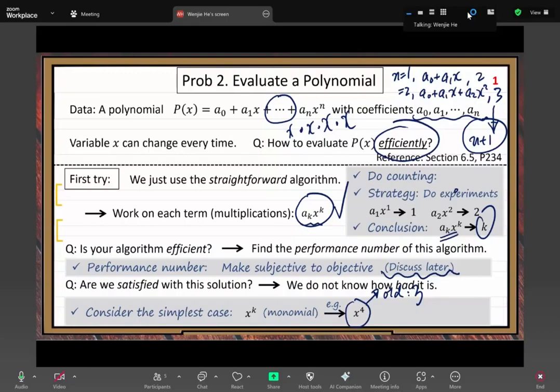But here, our leading coefficient is 1. Our a sub k is 1. You can save that multiplication. So using our old method, you need 3 multiplications to find x to the fourth.